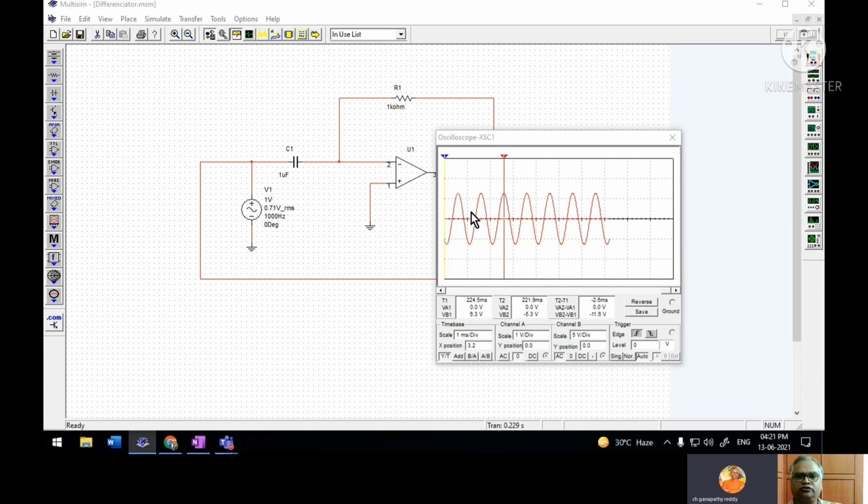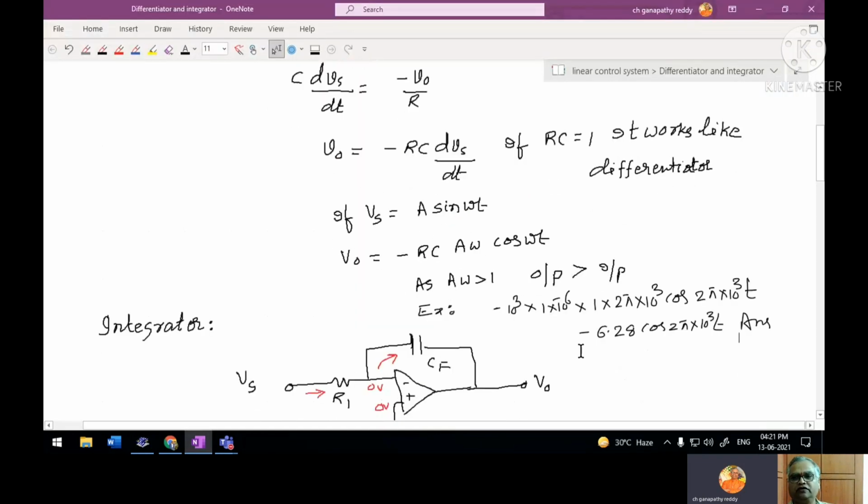This is the output sine wave. Input is a sine wave, output is also a sine wave. Differentiation of sine is again another sinusoidal, but here the output is an amplified version of the input. This amplification depends on the frequency we are applying. If it is 1K, 6.28.